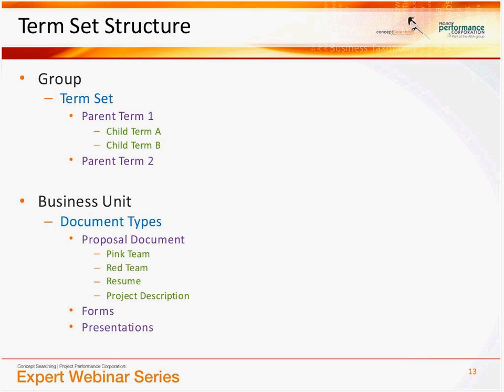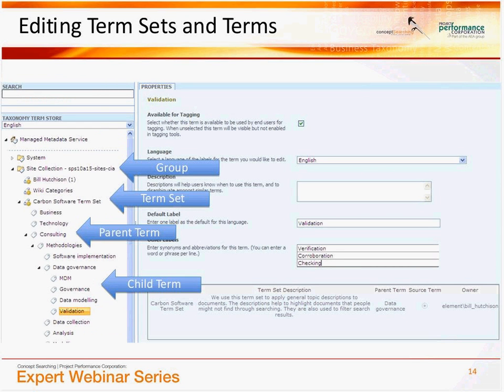We can say that risk management as a business unit has its own group, and we want to capture the document types for that group, maybe proposal documents, forms, presentations, and then sub-child terms of proposal document. Some examples could be pink team, red team. All of these terms would then be available for users to tag content with when they are uploading it into a library or into a list.